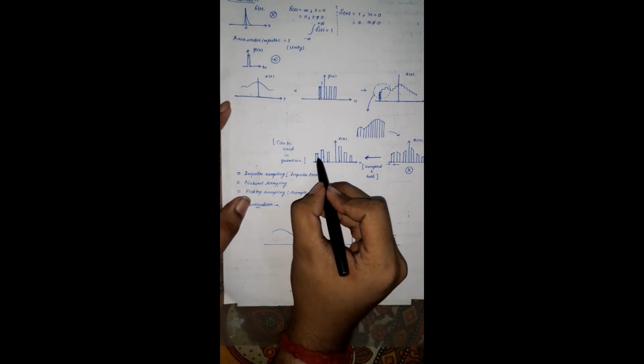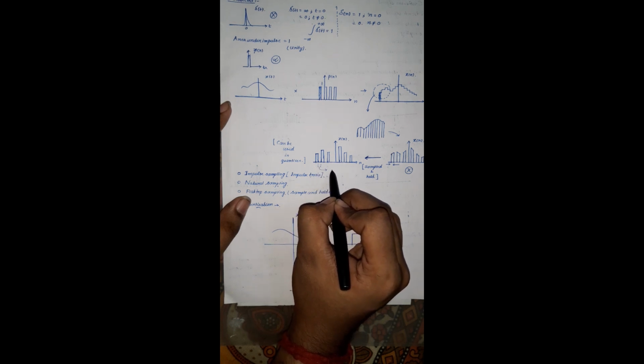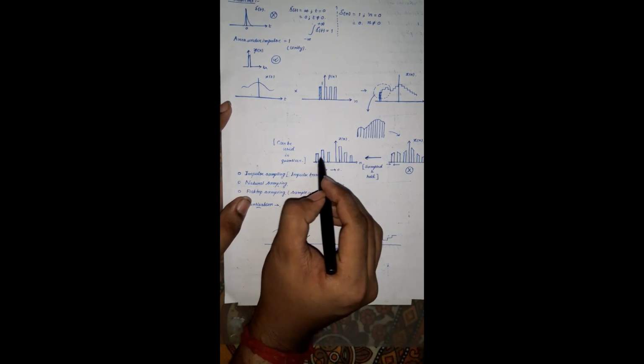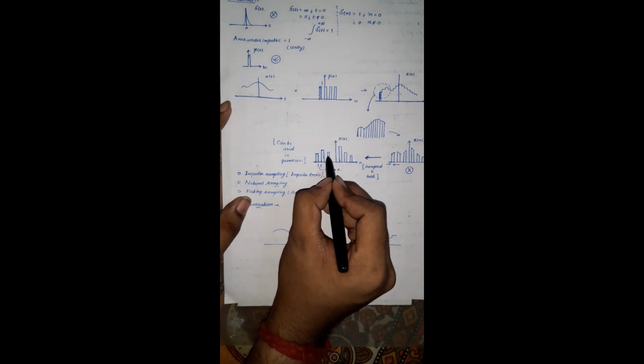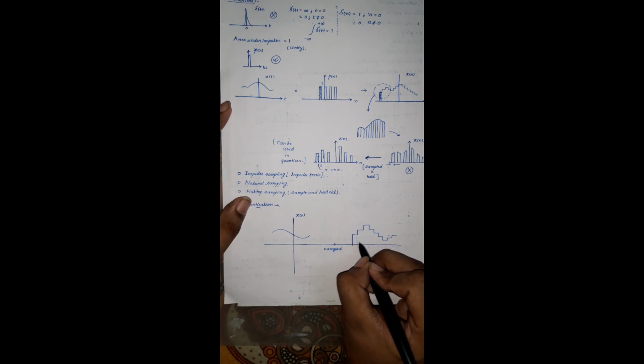Now we can see here that there is a small gap between these two. If we consider this gap negligible, tending to 0, then these pulses will be attached to each other, and the waveform will be like this.